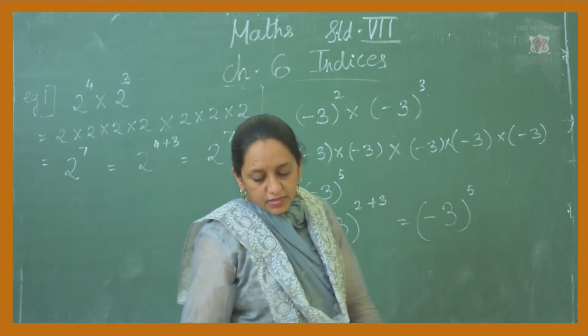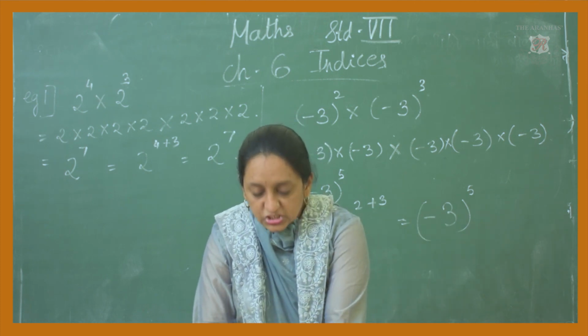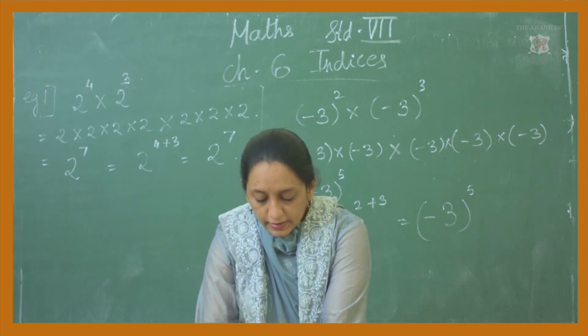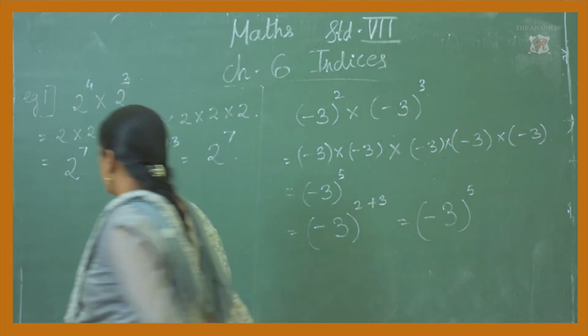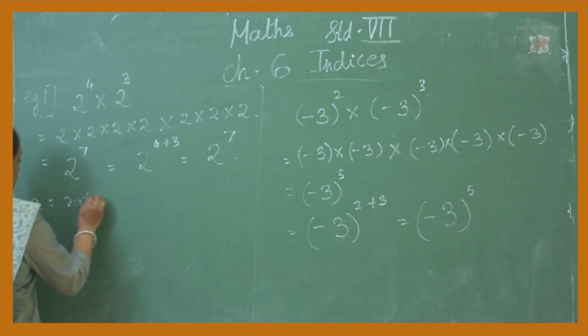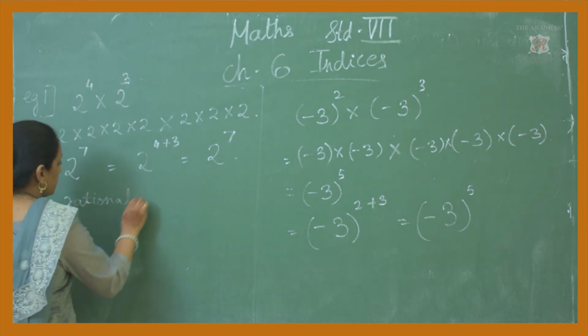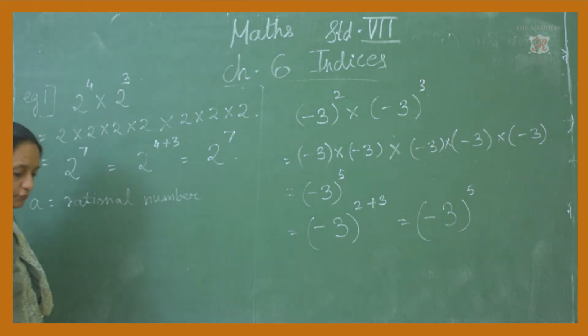See, they have made a rule from this sum. If a is a rational number and m and n are positive integers, what rule have they made? If a is a rational number, it can be a plus number, a minus number, or any fraction.